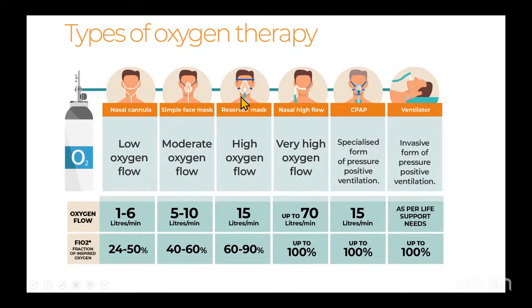There is something called a reservoir mask, and there can be a rebreathing system. A high-flow nasal cannula can give a much higher flow rate. Then there is CPAP: you put a mask, and the mask creates positive pressure, which can be adjusted using a ventilator setting. Or if nothing helps, you have to put a tube right down into the trachea and directly ventilate.